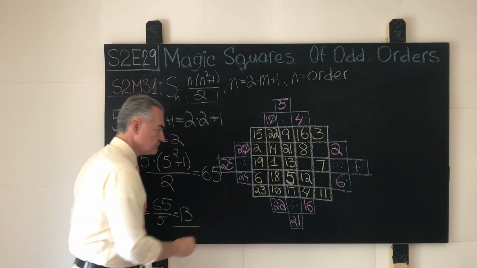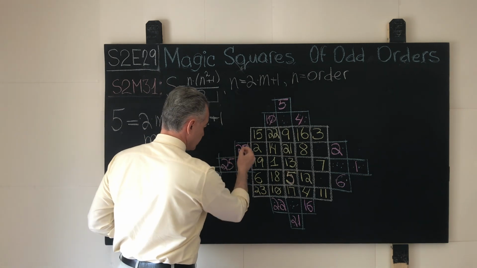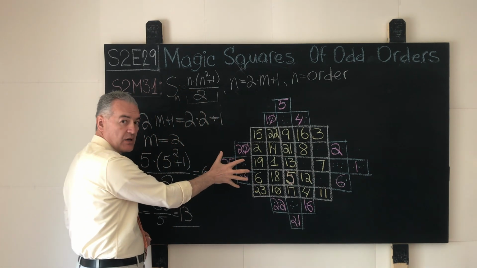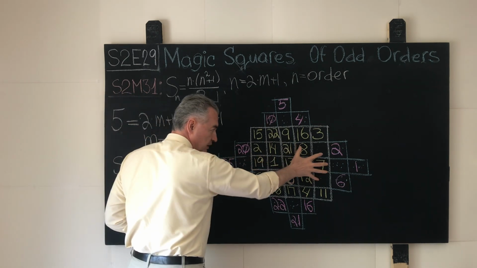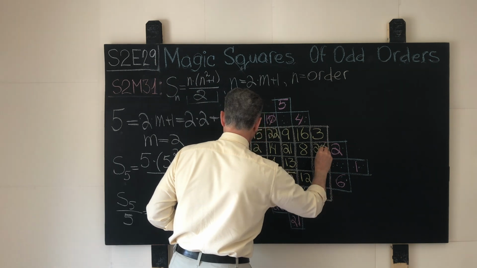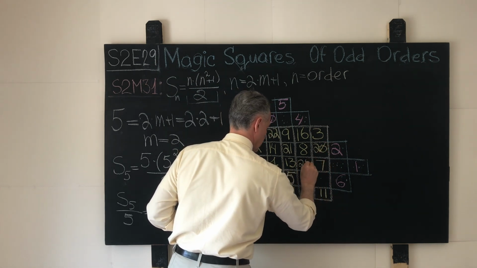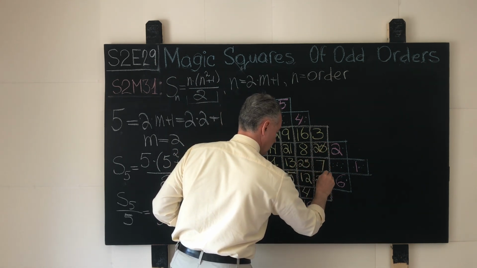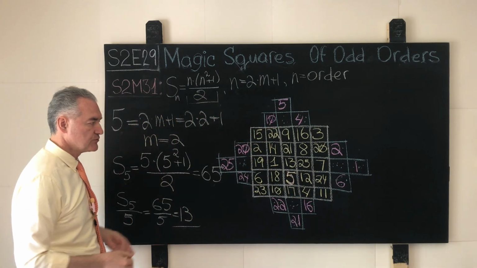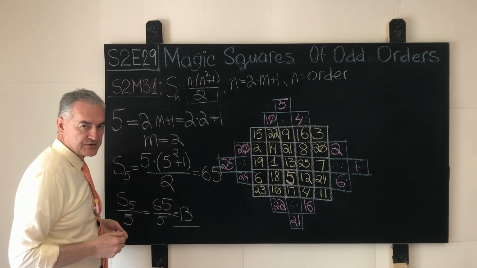Done. And with the numbers 20, 25, and 24, it's easy. We can basically pick them up as a triplet, move them in, and we know the answer. 20 goes here, whereas 25 goes here, and 24 goes here. Voila, problem solved. A magic square is generated.